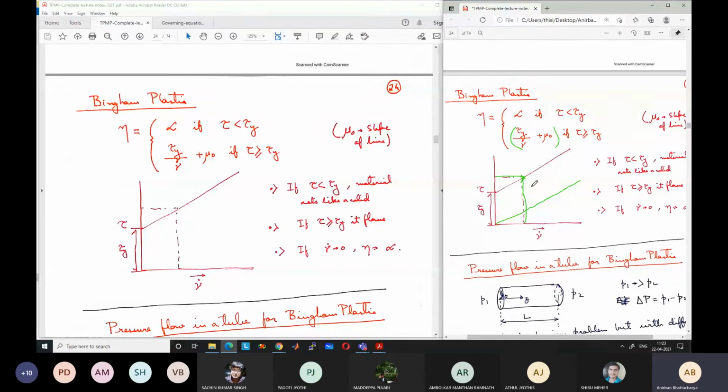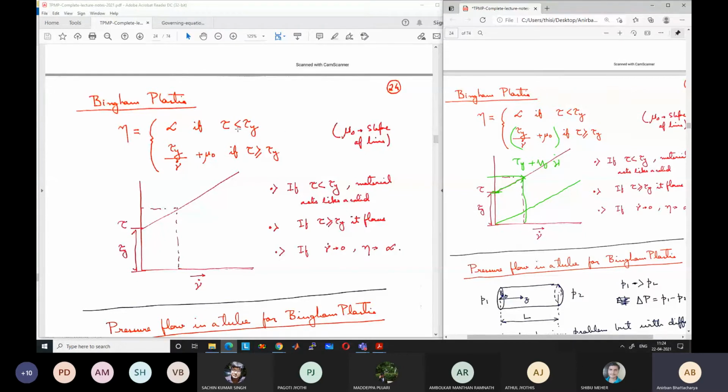So it will become tau y plus mu 0 into nu dot. Writing is difficult using the mouse. I hope you can understand this. So tau y will be this much, and then mu 0 into nu dot is this extra height. So going from here to here, by using these two parts, we can write the viscosity for this fluid.